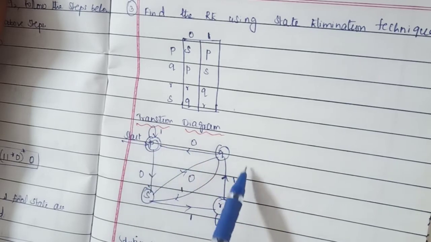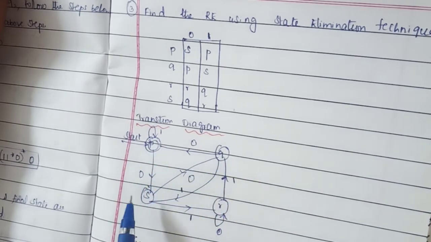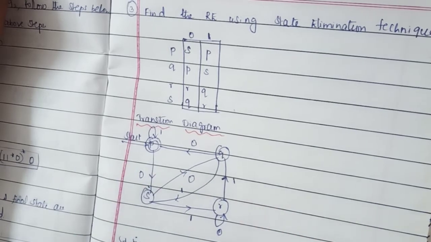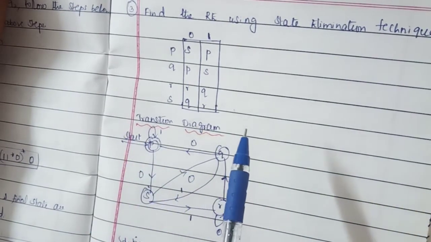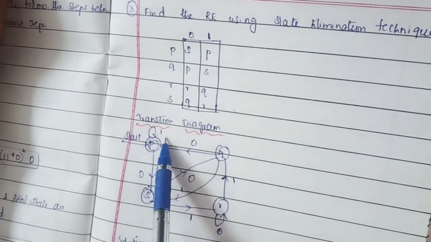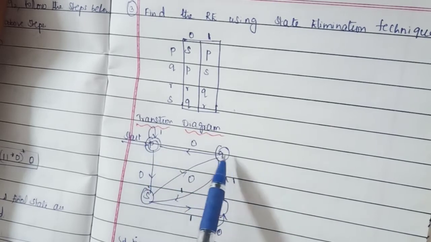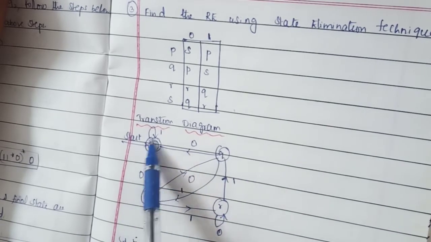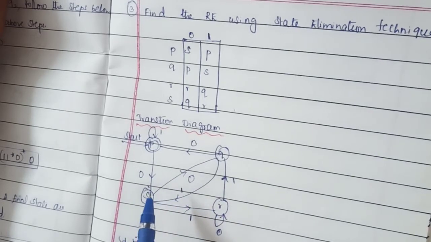So when you have this diagram, we have to eliminate all the intermediate states, and only the final transition diagram should contain the start state and the final state. Since in our transition diagram both the start state and final state are the same, we need to eliminate all the other states. Only P should be left over after all the state elimination.